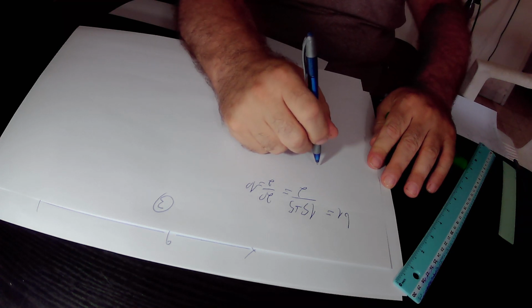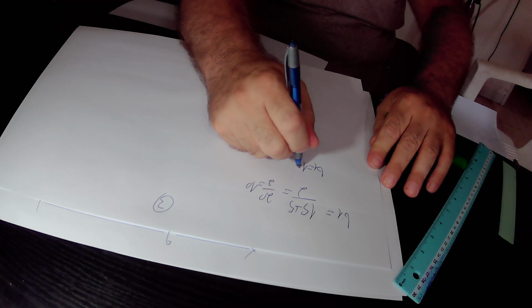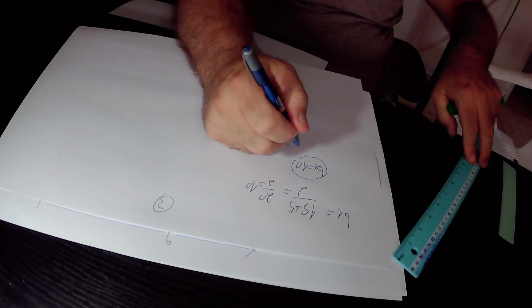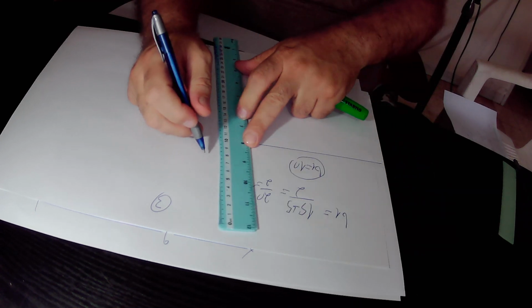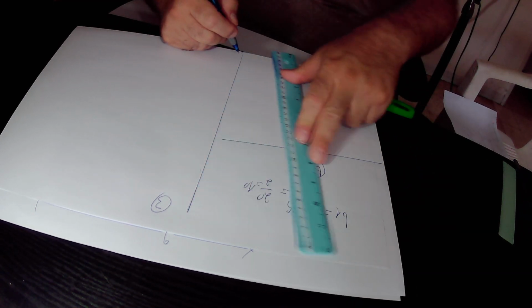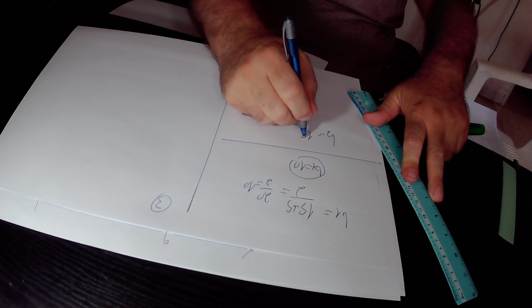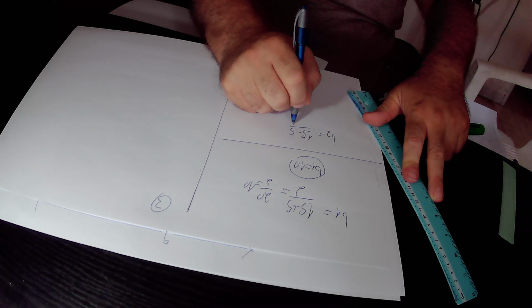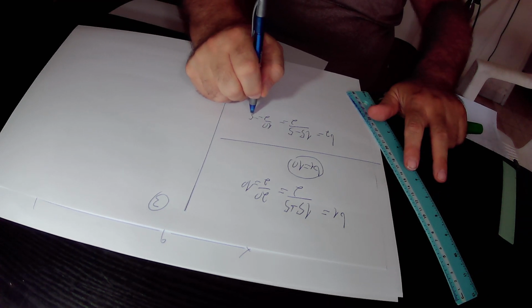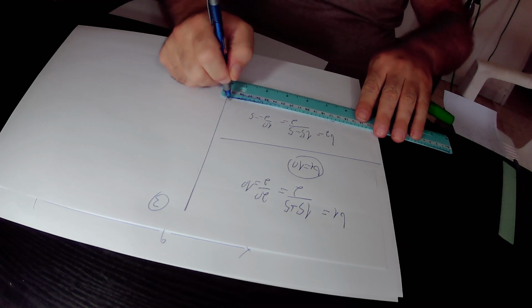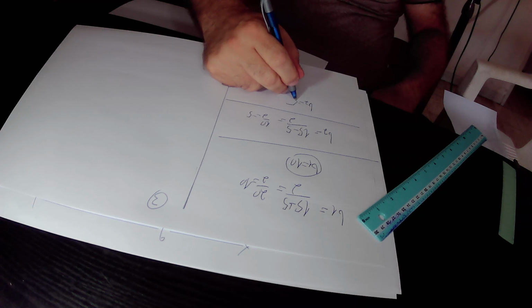So the first solution for b is b1 equals 10, and we have also a second solution for b, that is b2. According to the second solution, b2 equals 15 minus 5 over 2. 15 minus 5 is 10, and 10 over 2 is 5. So the second solution for b is b2 equals 5.